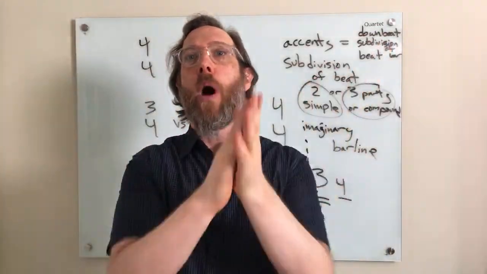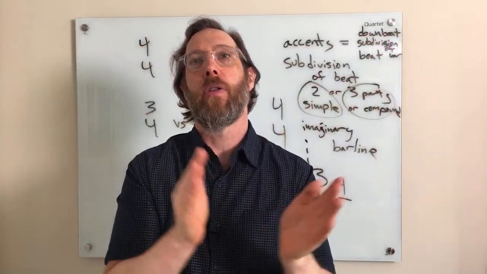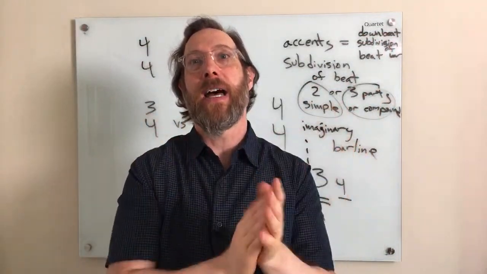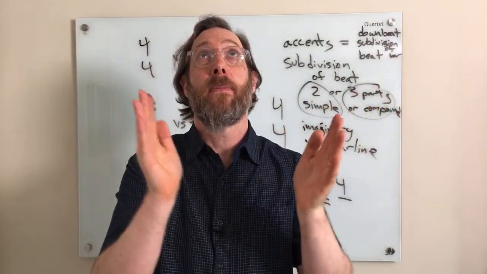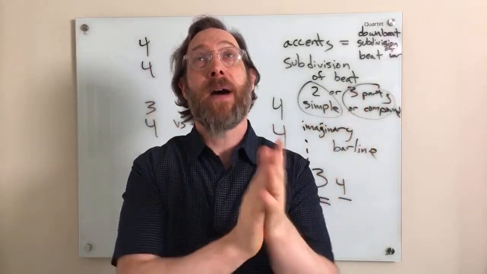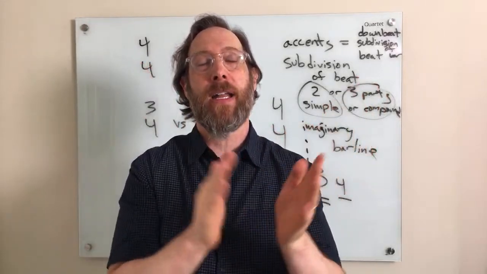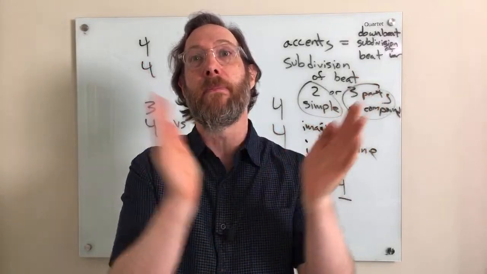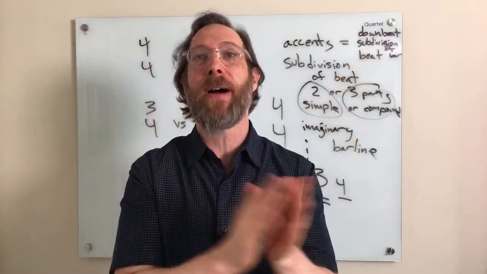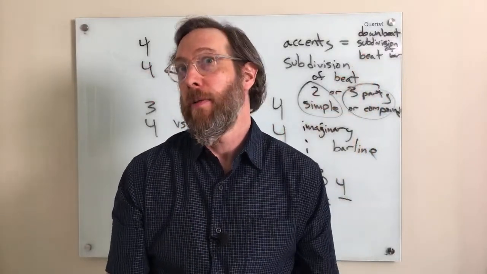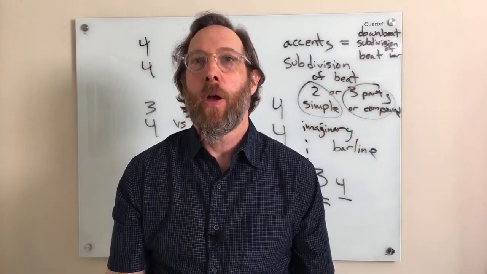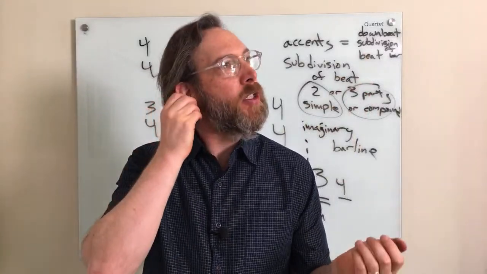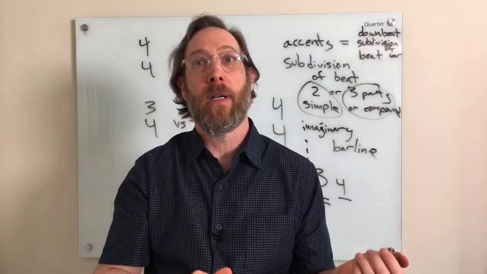Now, if I'm going 1, 2, 3, 1, 2, 3, da da da da dun dun. Let's sing something from Bach. Is the subdivision of the beat into 2 or 3 parts?